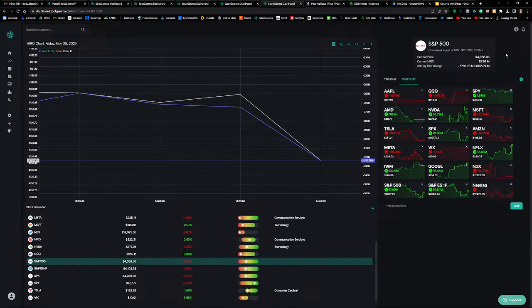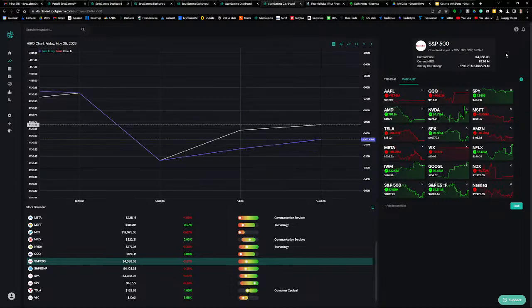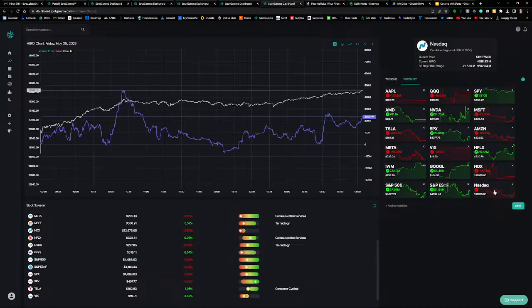Now, the Hero signal for the S&P 500 does include the ES futures, but I know the NASDAQ signal just combines NDX and QQQ, and I just showed the Hero signal in the S&P 500.